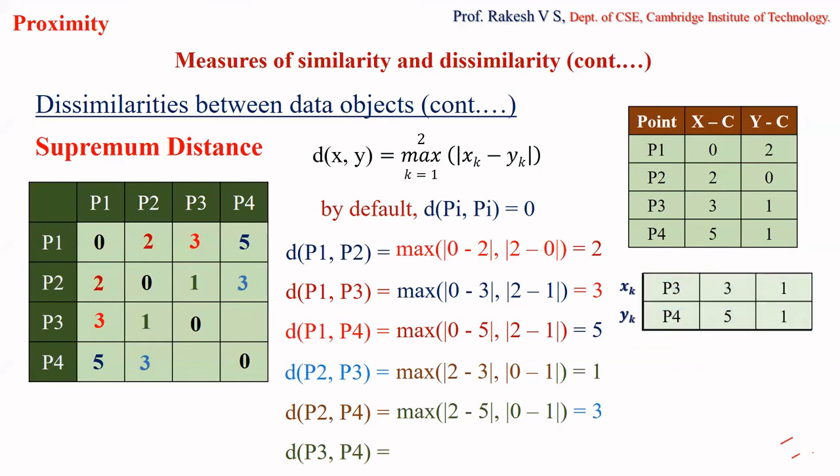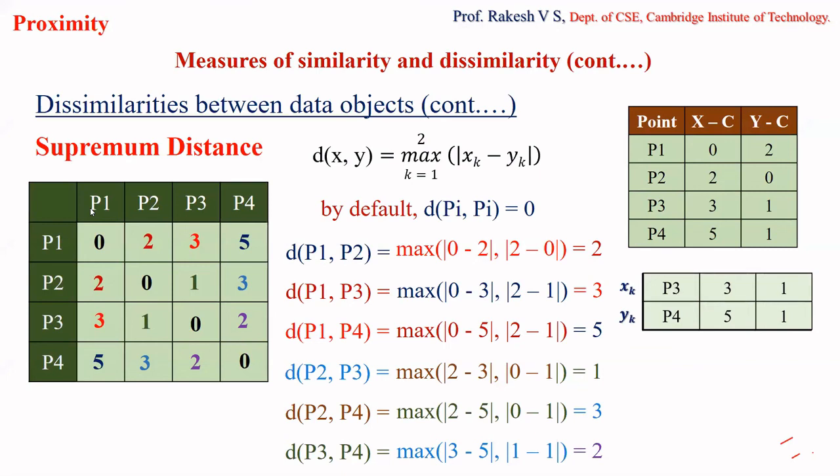So the values are 3, 1 and 5, 1. 3 minus 5, 1 minus 1. 3 minus 5 is 2. 1 minus 1 is 0. So 2 comma 0 maximum is 2. So this is how you find the supremum distance. To find the supremum distance, you will just take the absolute value of the attribute values and then take the maximum out of it. Clear? So this is your supremum distance, or it is also called as L infinity. Students, kindly take the snapshot of this.